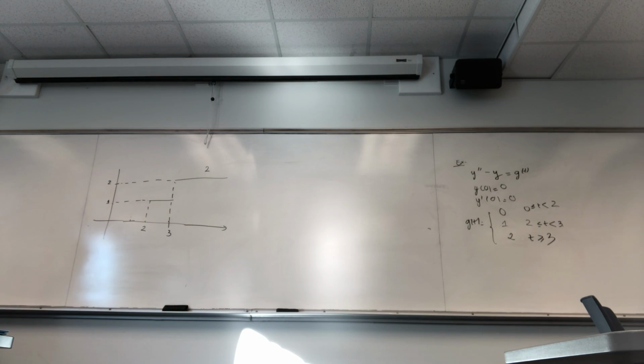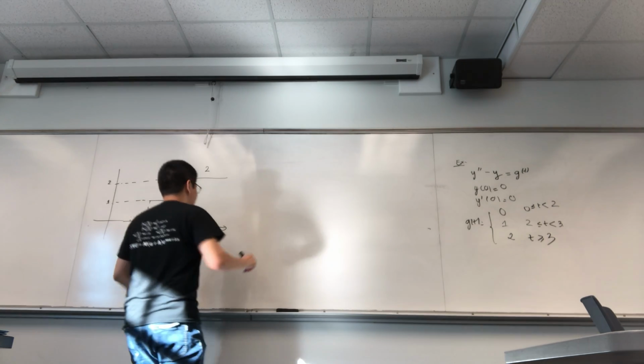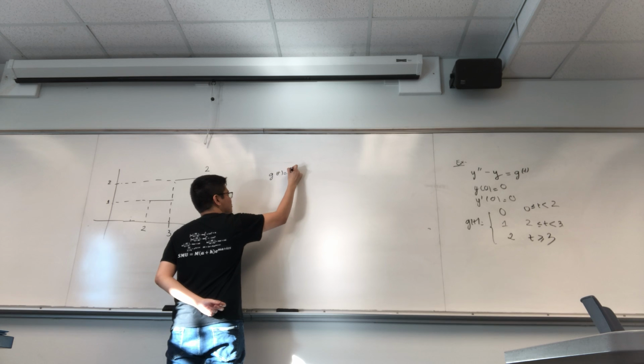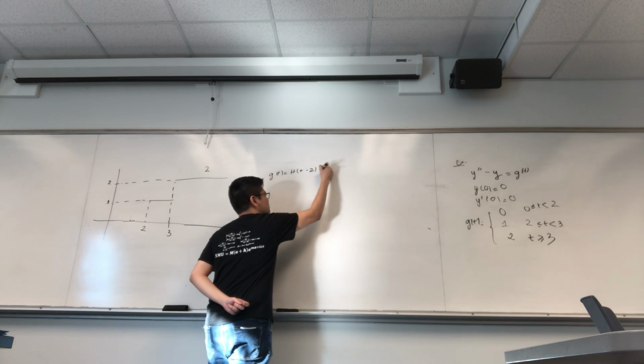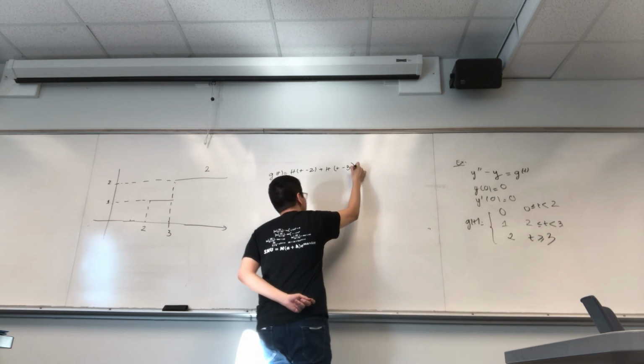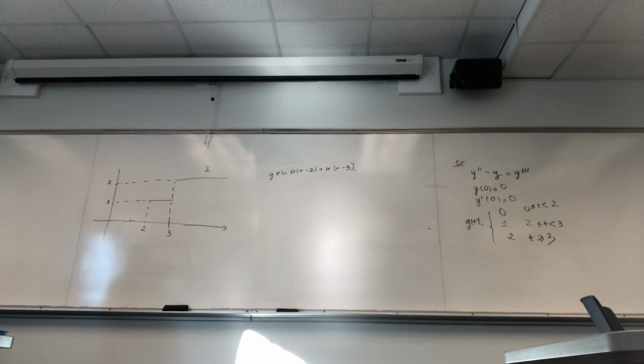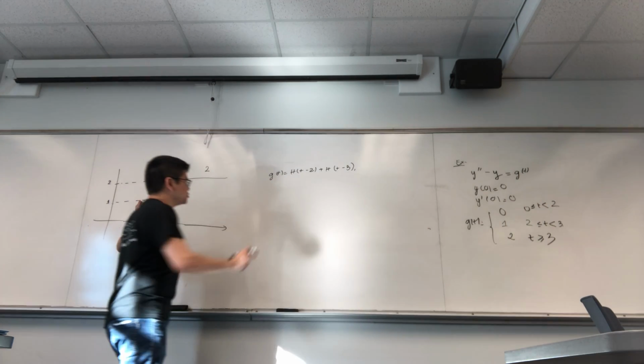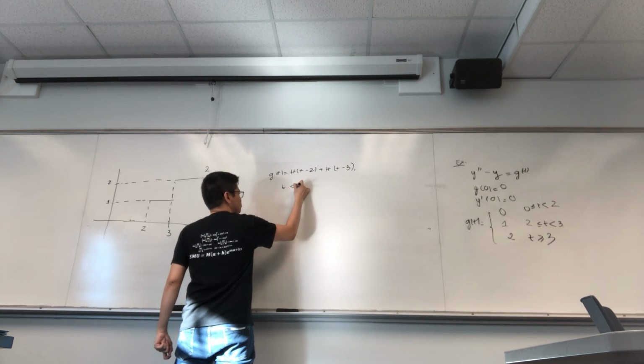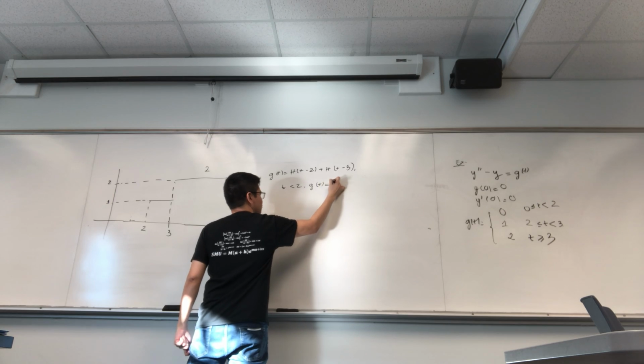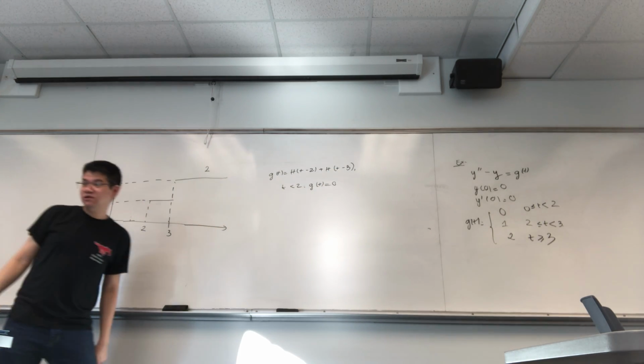Right. So how can I express the function g? Is it just h of t minus 2 plus h of t minus 3? So the function g will be h of t minus 2 plus h of t minus 3, right? Because when t is smaller than 2, g(t) is 0 because both of those functions will be 0.